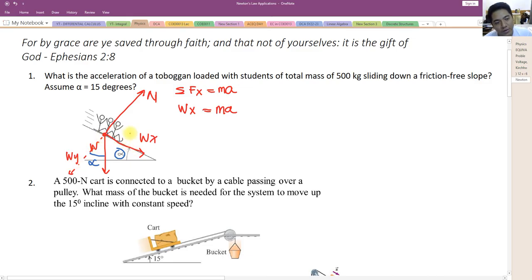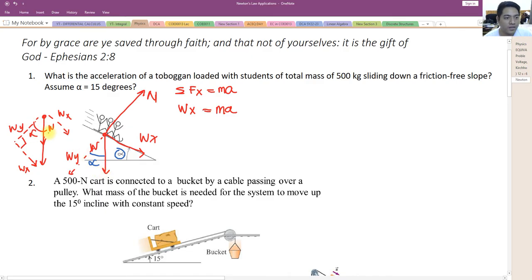If we make a triangle, with w being the hypotenuse, and you have the wy here and the wx here, I'm going to extend this and move this wx here. So this will become wx, and this is our right angle, and this is our angle alpha.